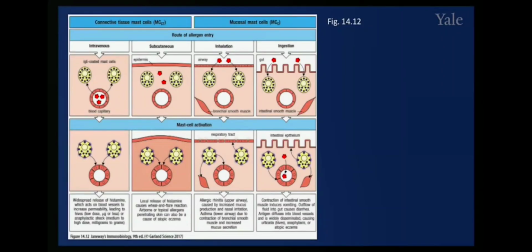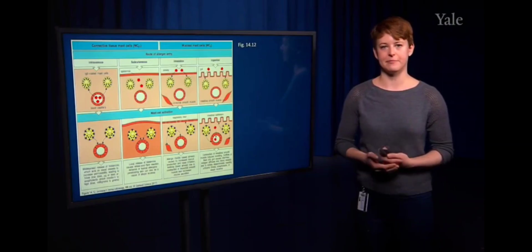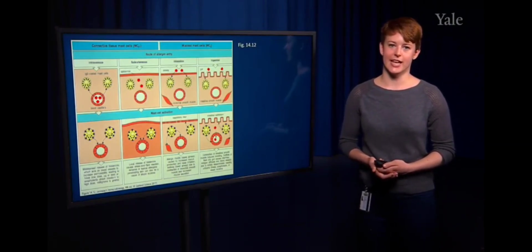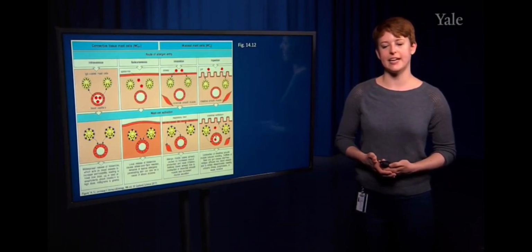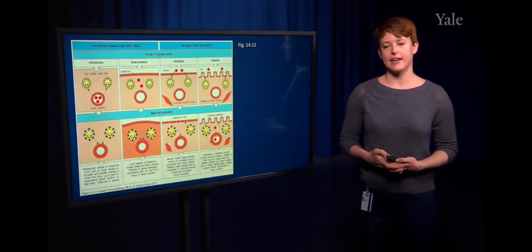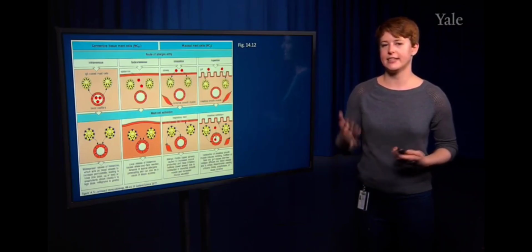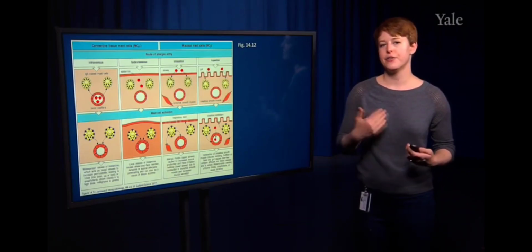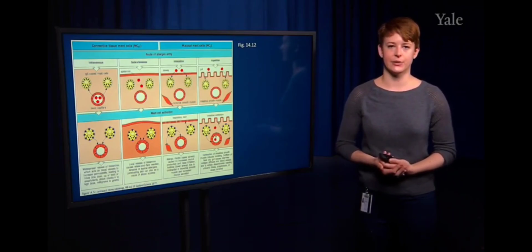And finally, in the mucosa of the gut, we have a somewhat unique immune response where these antigens can pass through that mucosa, and this mast cell degranulation leads to symptoms such as increased gut peristalsis. So the gut will contract faster, and this moves food as well as allergic antigens through the gut faster, leading to abdominal cramping and diarrhea.